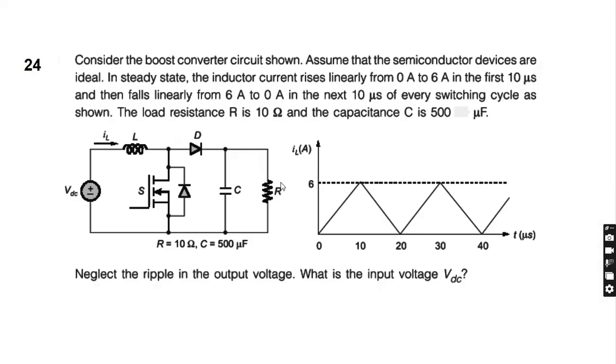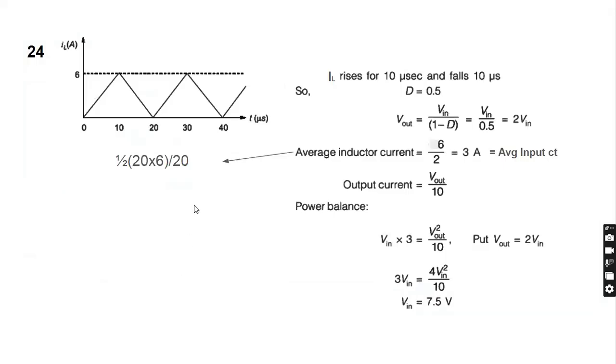We are given the values of R and C, and we need to find out the input DC voltage. It is given that the ripple in the output voltage can be neglected. Now, the solution of the given problem is given here.